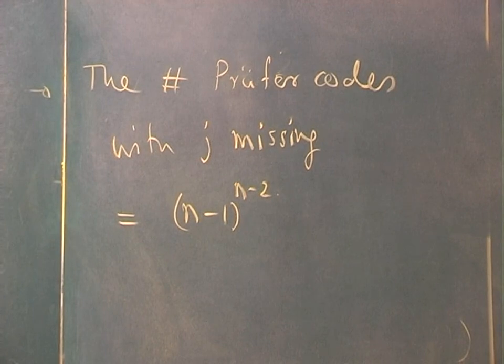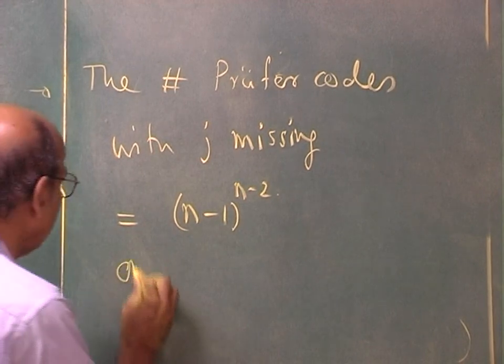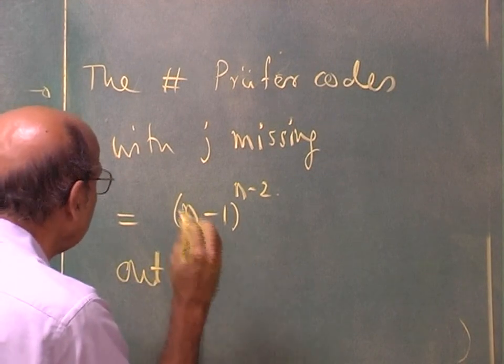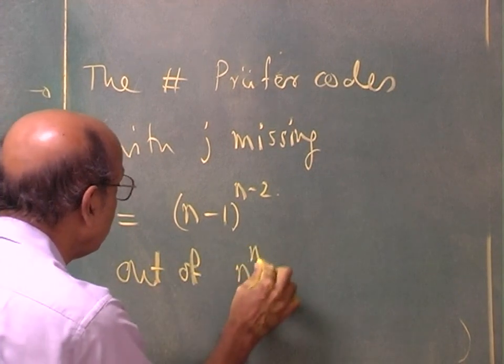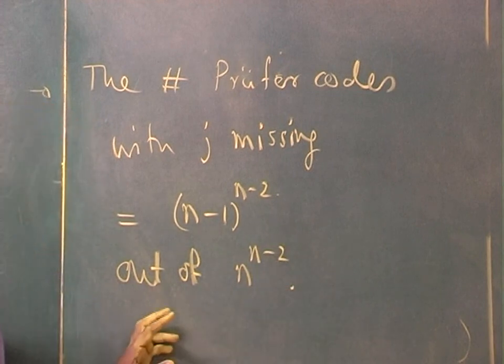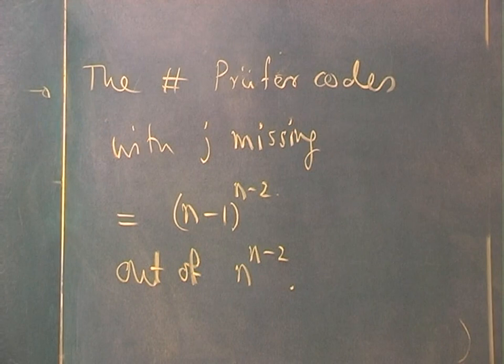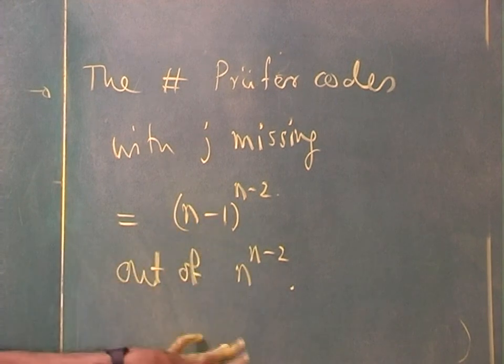Out of these, equivalently, if one uses the language of probability, the probability that a randomly chosen tree will have j as a leaf is given by taking the ratio of these.